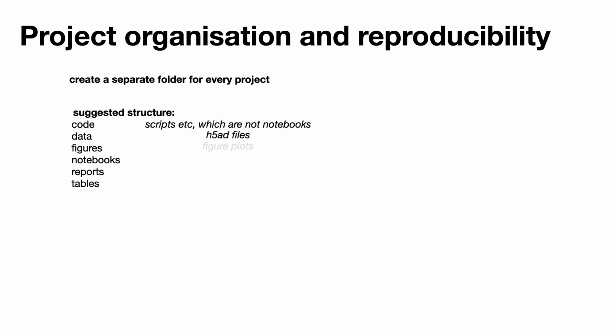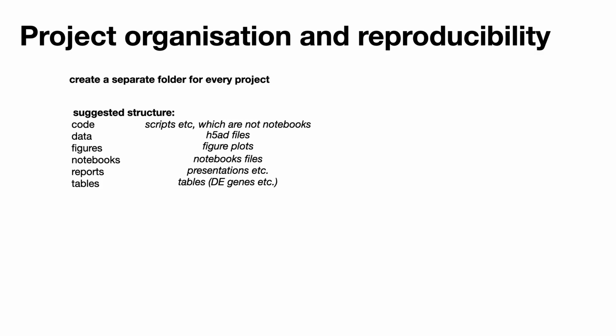So what I think about these folders is that, for one, you can have code, something like scripts, which are not notebooks. For example, when you want to run something in R, what you typically don't want to do in a notebook, then you can save it as a script in this code folder.